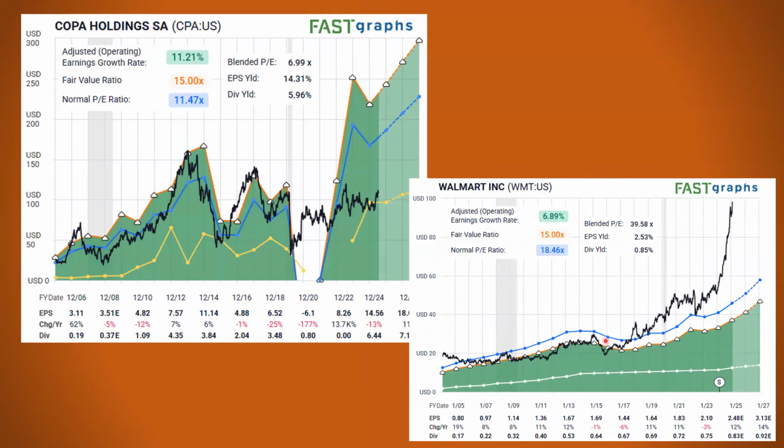A couple other ones she shared recently: Copa, very undervalued based on the metrics in the FAST Graph, and we have a really nice bullish potential count on that as well. And then Walmart, very overvalued, along with Costco. We're actually short Costco at the moment in our wave setups table, and that trade has been working out pretty nicely so far.